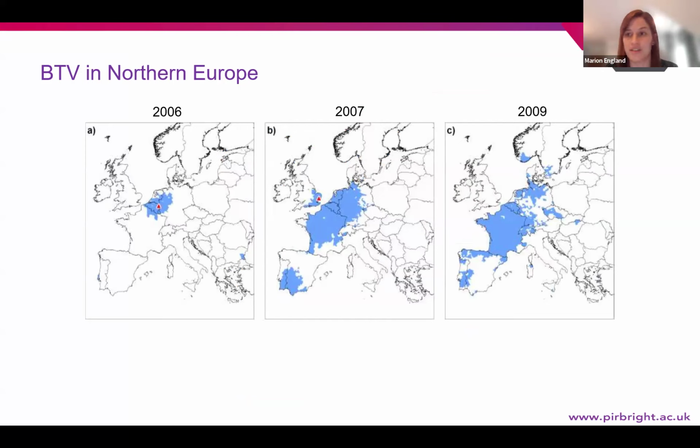And actually, we didn't need Culicoides imicola to expand its range in order for bluetongue to have an impact in Northern Europe. So in 2006, there was some limited spread to Belgium, Germany, and France. And then in 2007, it spread much further, much more widely, and also into the UK.